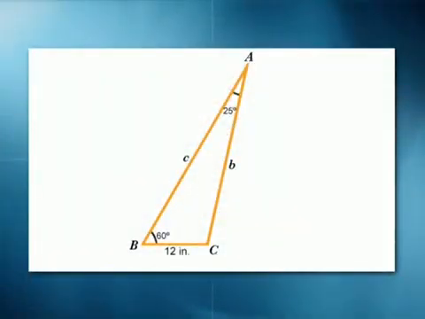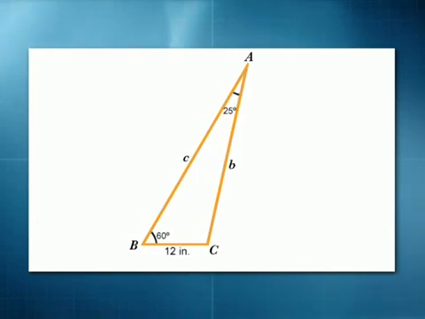Here's a triangle, and we will use the law of sines to find the remaining sides and angles. We will solve this triangle. Here's the setup. The triangle again is labeled ABC, and the angle at A will be 25 degrees, the angle at B will be 60 degrees, and the side opposite A is 12 inches. So we're given three pieces of the triangle, and the goal is to find the other three pieces: angle at C, side b, and side c.